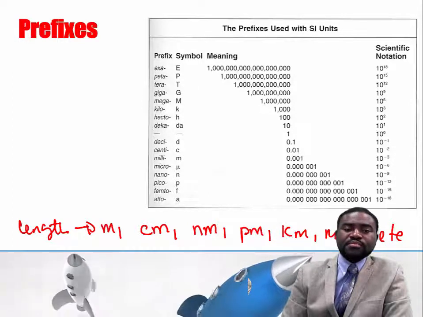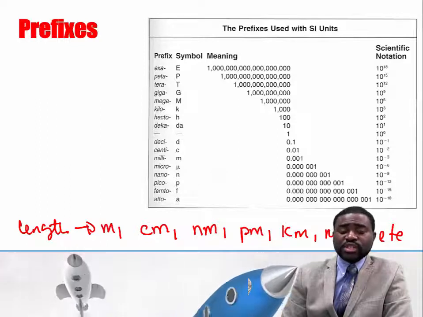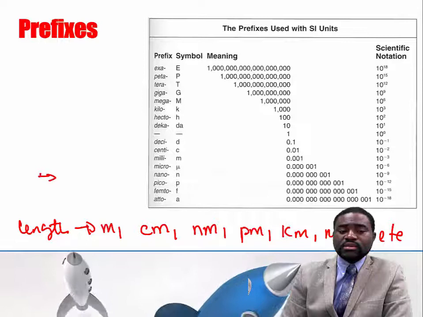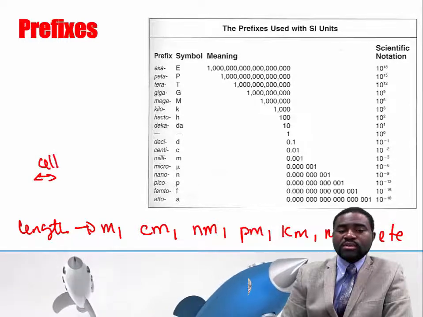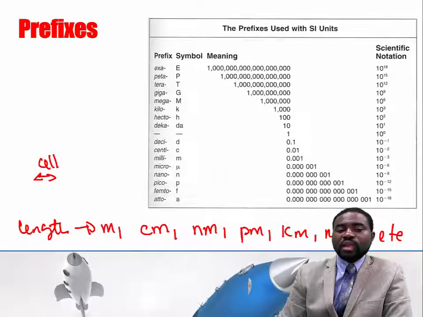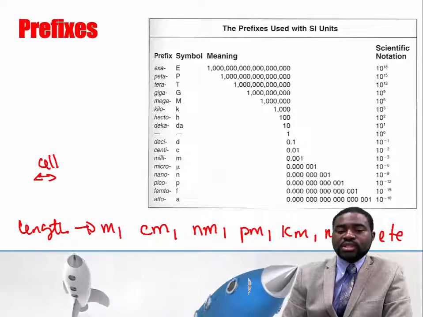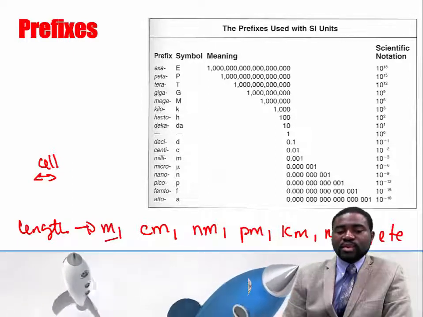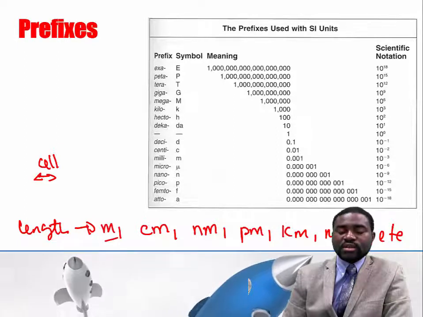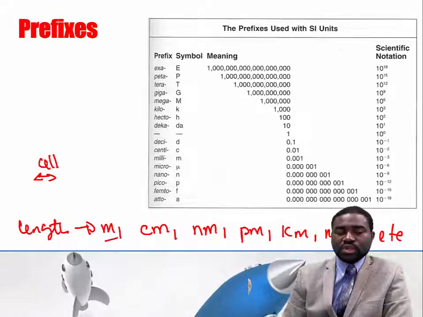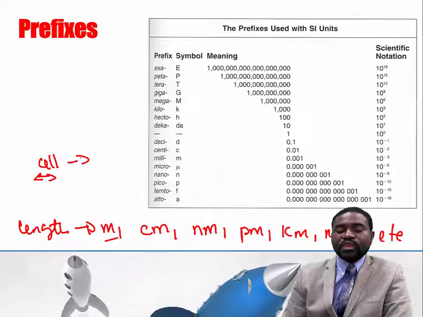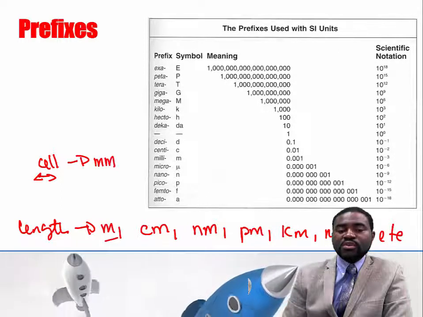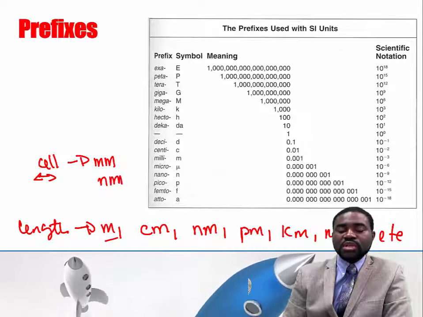For example, if you want to measure the length of a cell and you express your answer in meters, it will not make sense because the cell is so small, and that is why it is expressed in terms of either micrometers or nanometers.